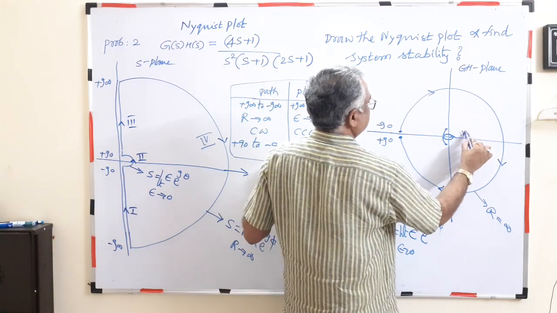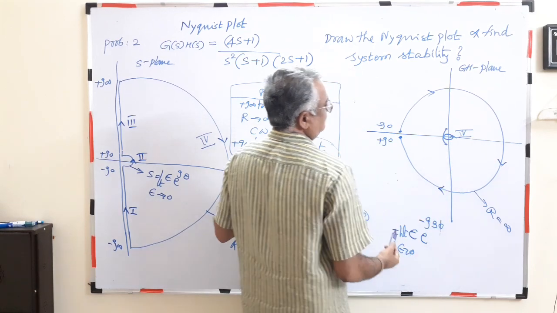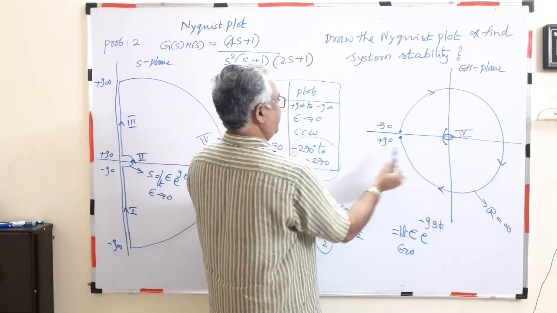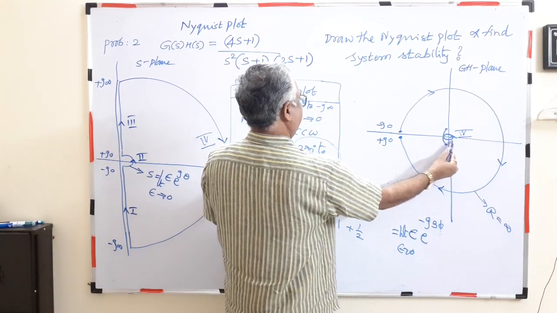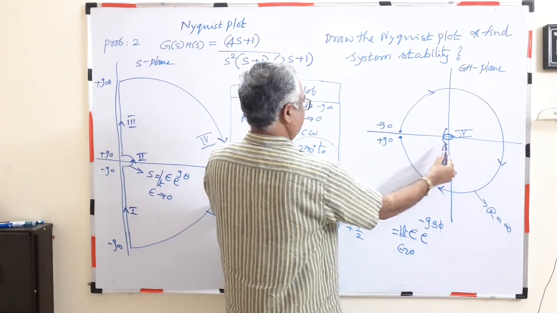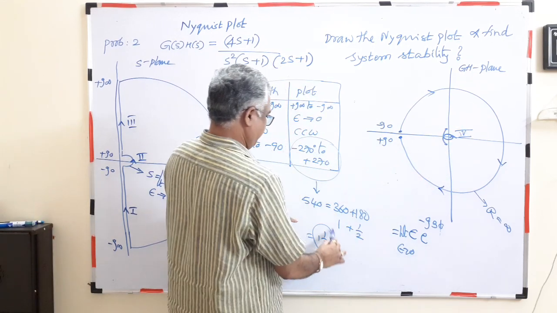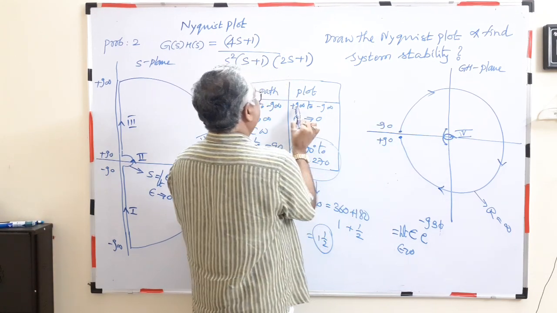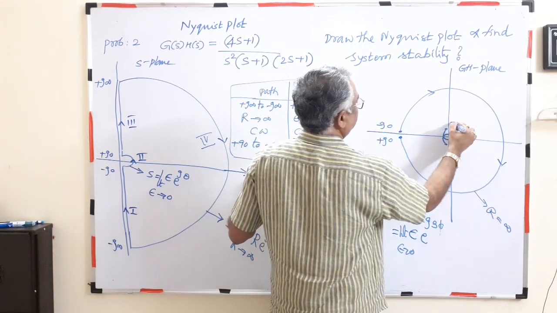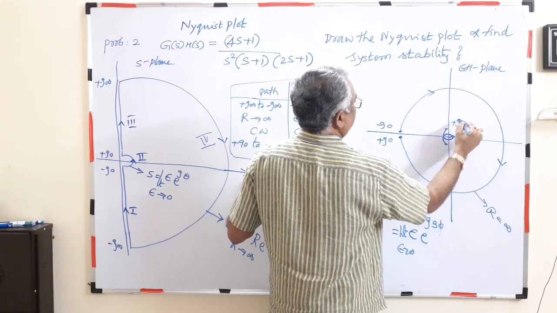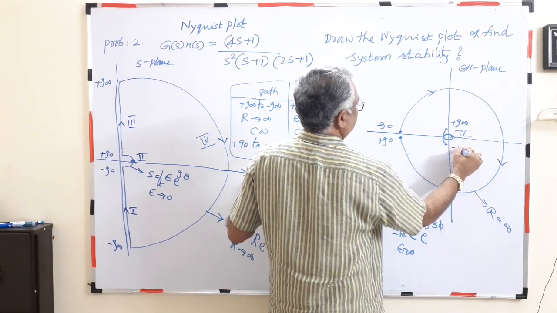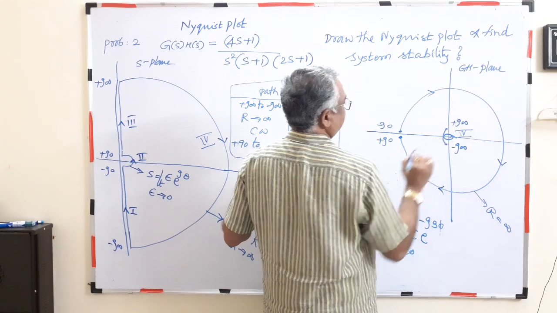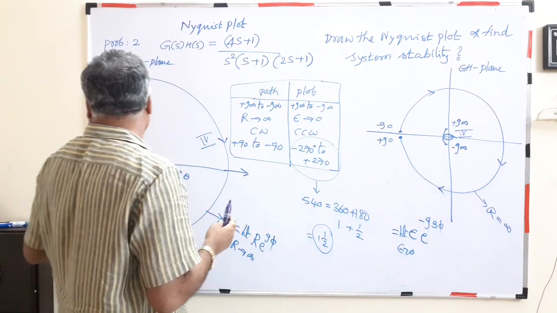So this is the fourth section. Starting at minus 270, ending at plus 270, total rotation 1.5 satisfied, small circle satisfied. But the starting point refers to plus j infinite. The ending point refers to minus j infinite. That you have to mark.